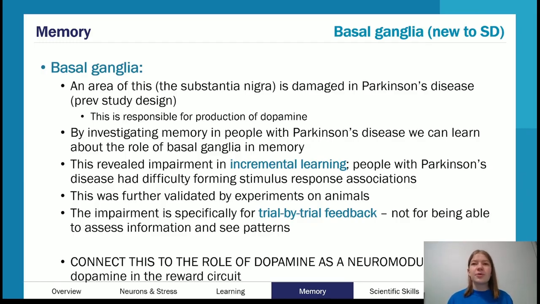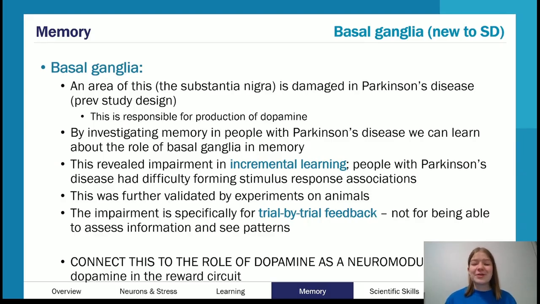It's not that people were less intelligent when they had this impairment. It was specifically if it was doing something, seeing the response, then people who had damage to the basal ganglia showed lower performance. But if they were just given all of the information about the trials and the outcomes, you had equal performance.